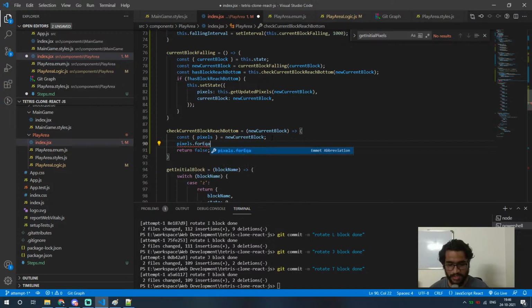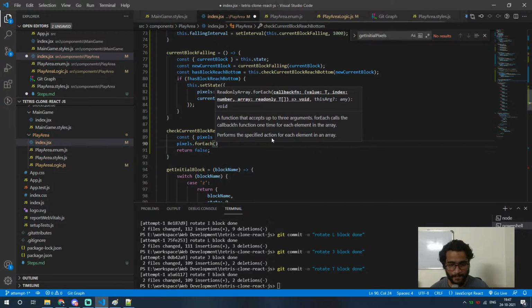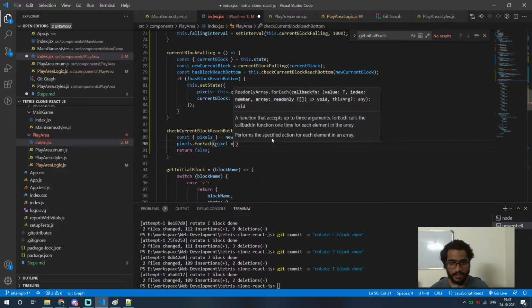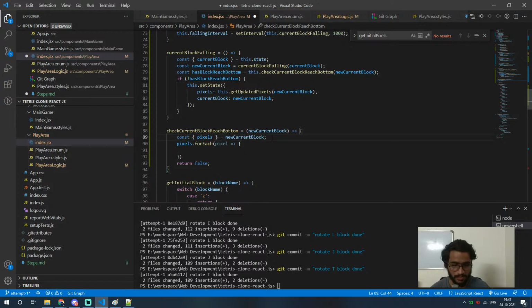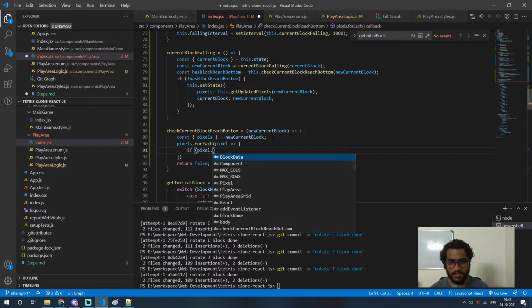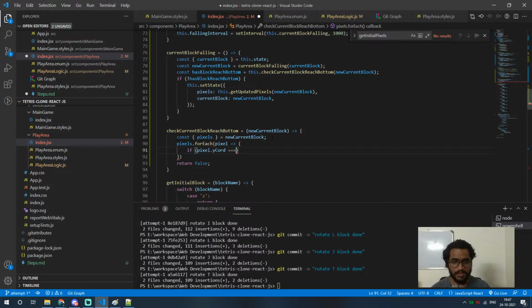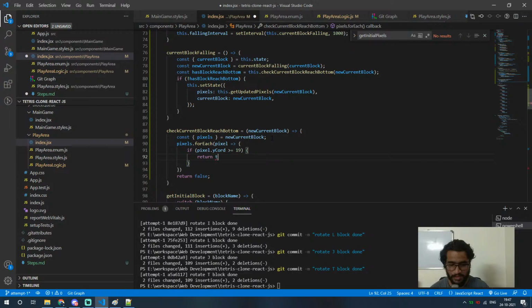We'll go through each pixel, and if any pixel's y coordinate is greater than or equal to 19, it would just return true.